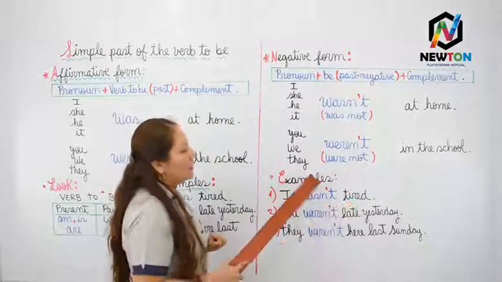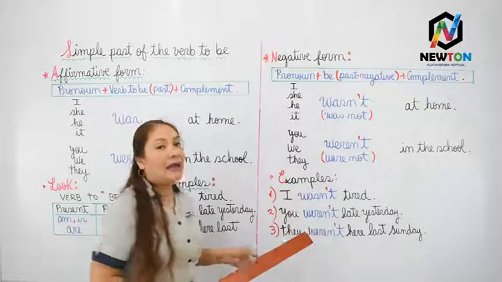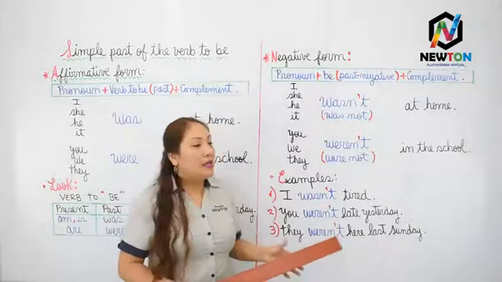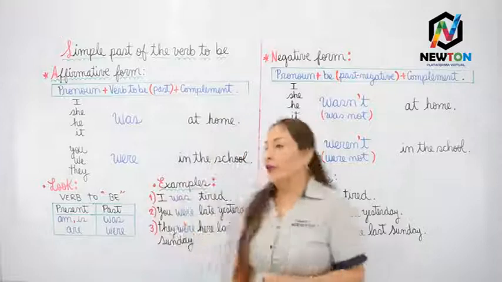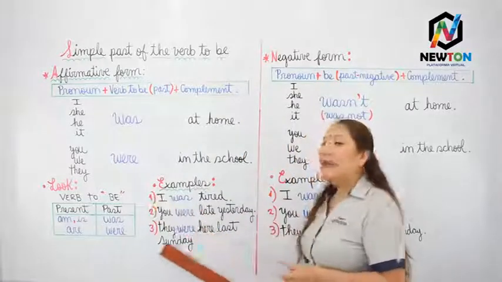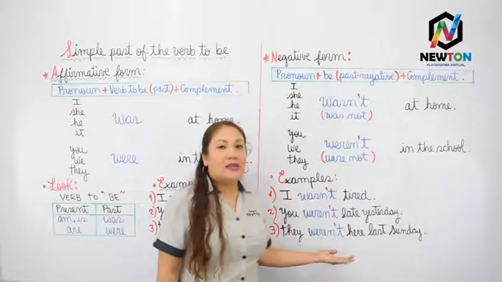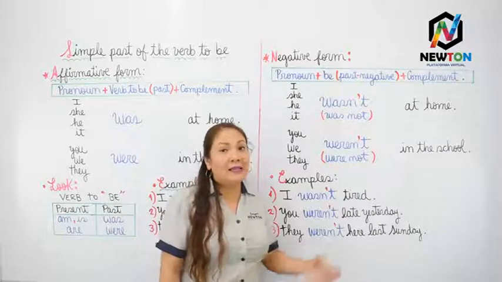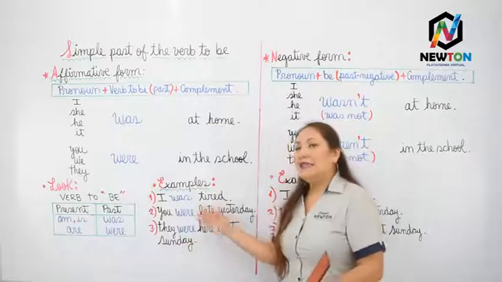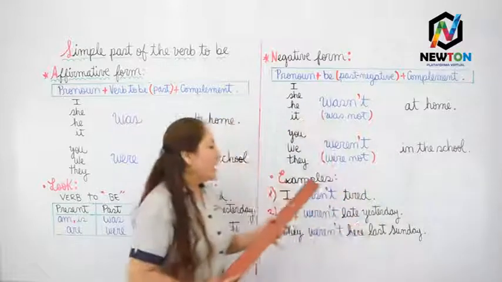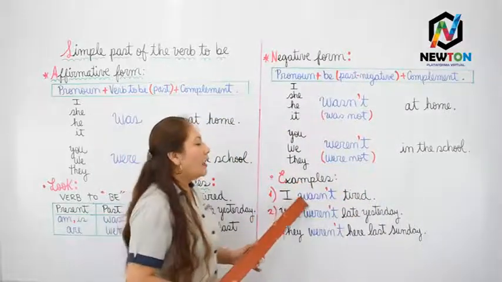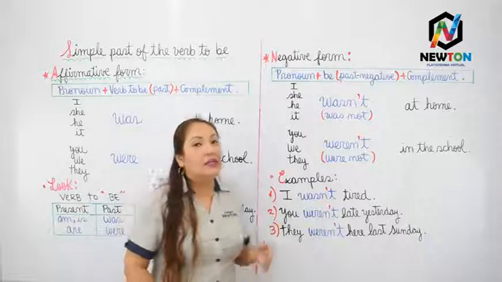Now, here you have examples. Aquí tienes ejemplos. These sentences are the negative form of these sentences. Estas oraciones son la forma negativa de las oraciones que tienes aquí. ¿Ok? Now, number 1. I wasn't tired.